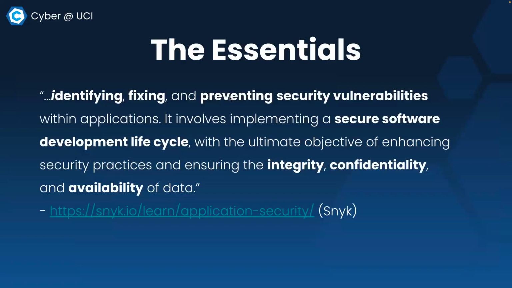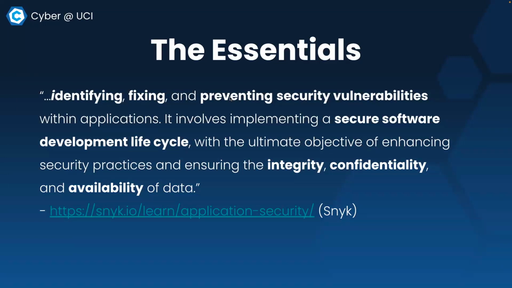Now, this is a definition of application security that I pulled from Snyk, a leading company that does application security work. I highlighted the critical parts of it. Basically, when you are doing application security related tasks, you are identifying, fixing, and preventing vulnerabilities within your software.